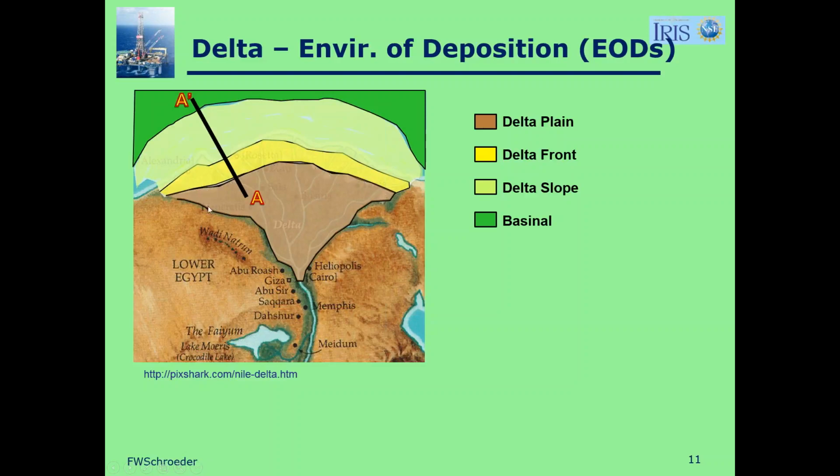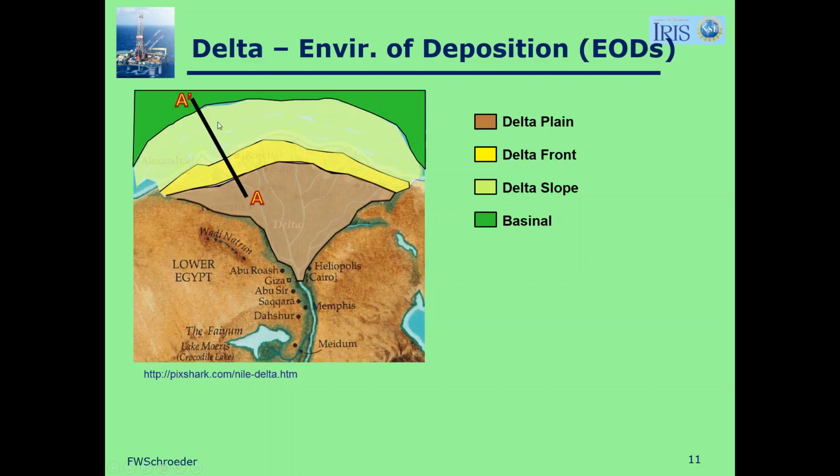It would be subaerially exposed most of the time, except perhaps in a major storm event like a hurricane. The delta front in the brighter yellow, that's the area that would be affected by changes in tides and certainly by major storms. If you think about beach type deposits, that's what we would expect in a delta front environment.